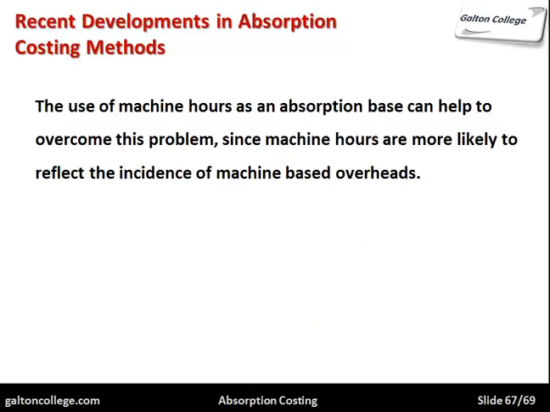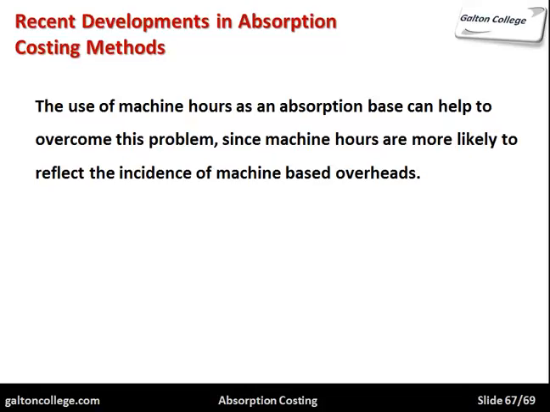The use of machine hours as an absorption base can help to overcome this problem, since machine hours are more likely to reflect the incidence of machine-based overheads. So looking at machine hours as opposed to labour hours. But that may not be very accurate either, because machines vary so much.